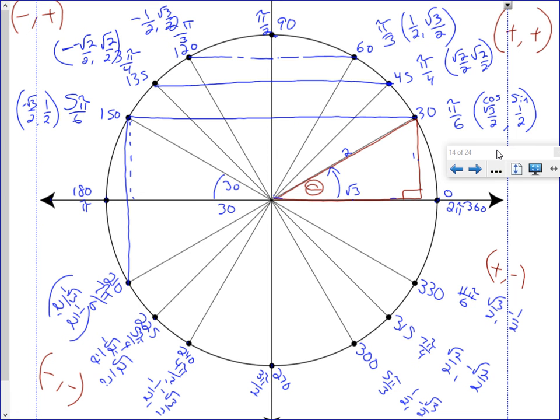Remember, when you're looking at it, if you're placed at theta, your opposite is your vertical and your adjacent is your horizontal. No matter where you're placed, my opposite is vertical, and my vertical is always a sine value. We'll get there. We haven't gotten to tangent yet. I just wanted to make sure you see how you build and where this goes.